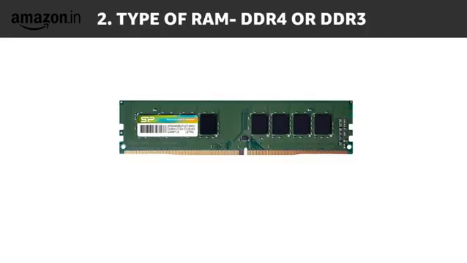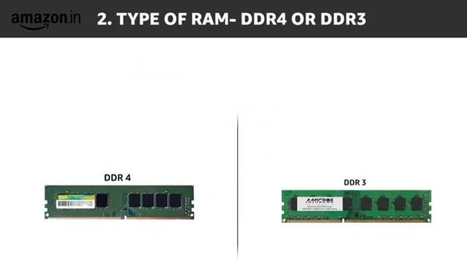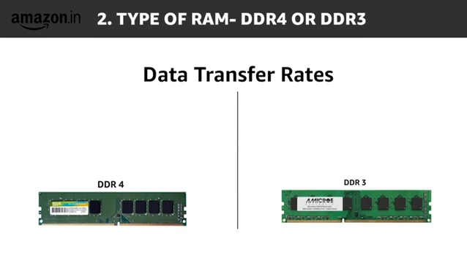Now coming to the type of RAM, the newest generation of RAM is designated DDR4, and systems that support DDR4 cannot accommodate DDR3 and vice versa. This is because DDR3 RAM uses a 240-pin connector, while the newer DDR4 RAM uses a 288-pin connector. Another key difference between these two types of RAM are the speeds at which they can transfer data.